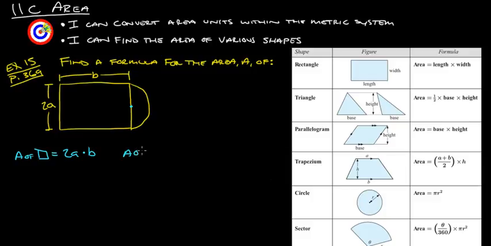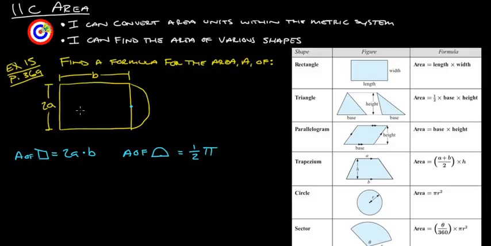And then the area of the semicircle is basically, it's just a little sector here. It's just half, which would be 180 degrees divided by 360, or again just half of the area of a circle, right? So half pi r squared.